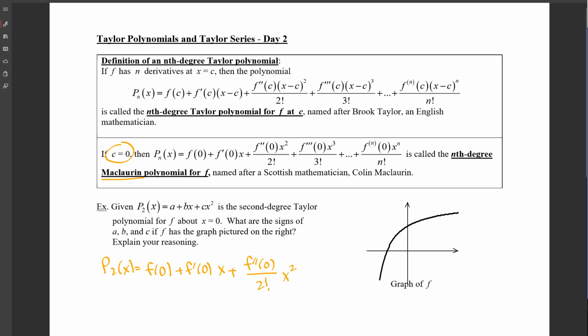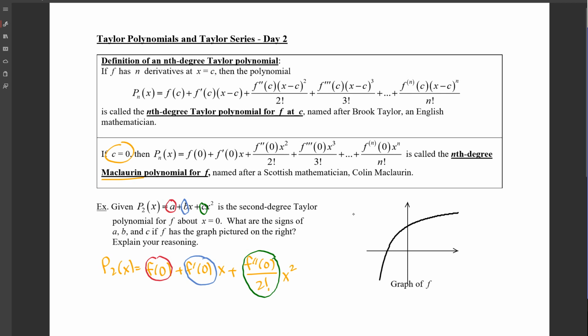So if I look at these two formulas here, what I see is my a is actually the same as f of 0, and my b is actually represented by f prime at 0, and my c is actually represented by this coefficient here, f double prime at 0 over 2 factorial. And all I want to know is, can you tell me if these are positive or negative?